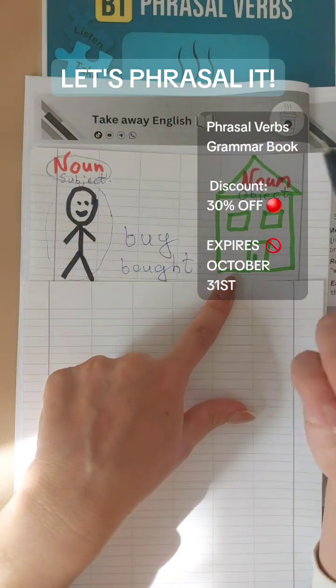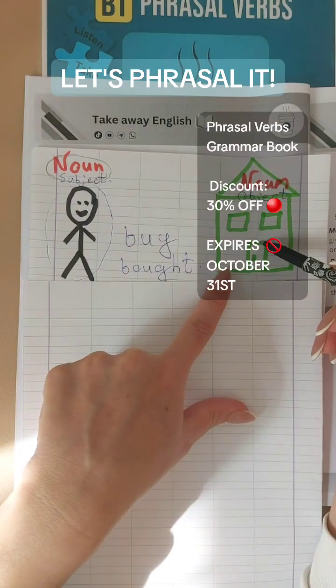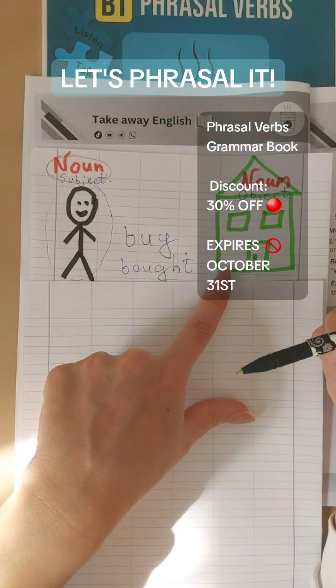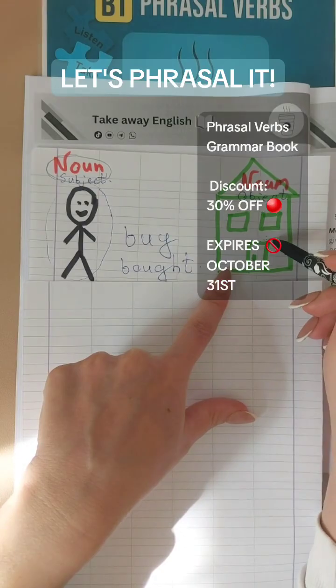Now I want more information about the house. And now I can use an adjective to add more information about the house.